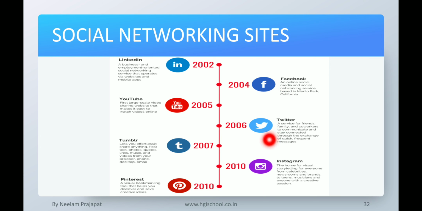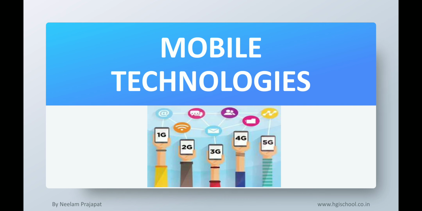Twitter is very similar to a blog, where an individual maintains it, and it is a service for friends, family, and co-workers to communicate and stay connected through the exchange of quick, frequent messages. Tumblr, Pinterest, Instagram, etc.